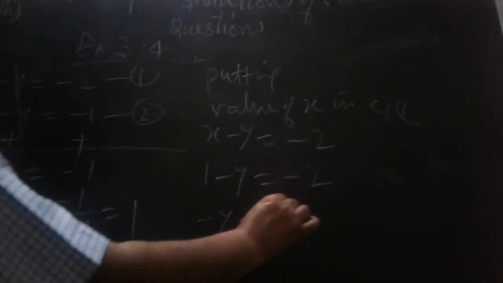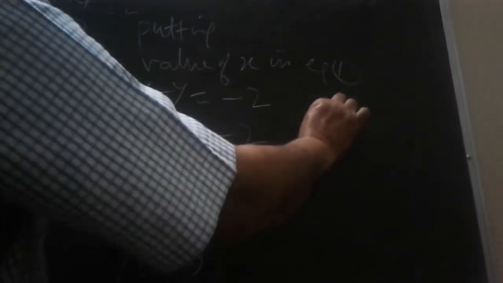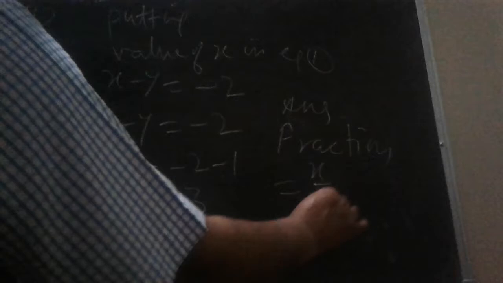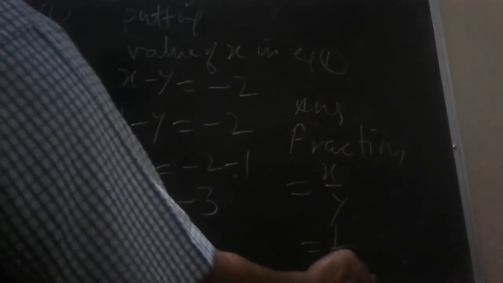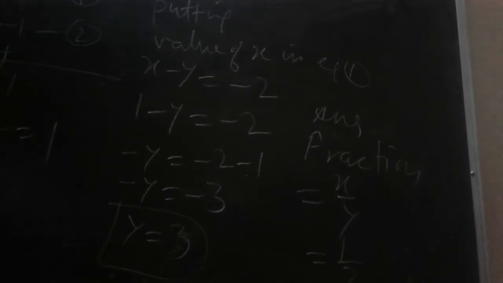Minus y is equal to minus 3 and y is equal to 3. Now we have got the values of x and y. Then at last we write the answer. The required fraction equals x upon y and that will equal 1 upon 3. The fraction is 1 upon 3.